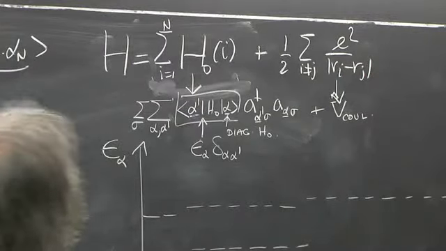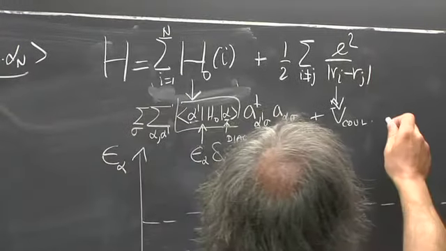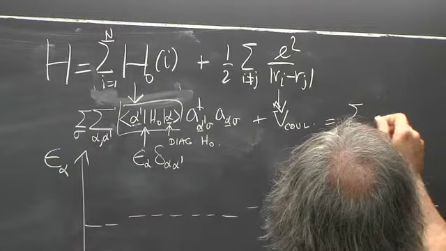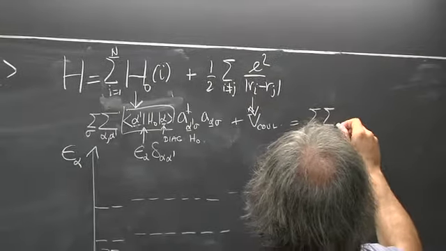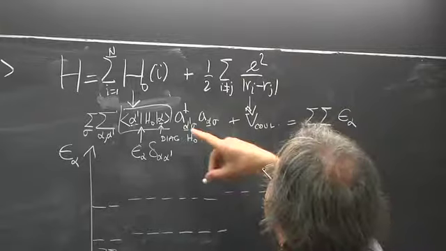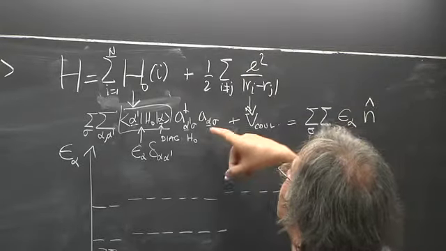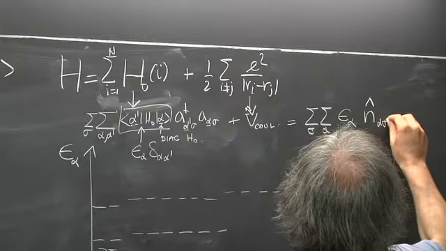At this point, this becomes a very simple Hamiltonian. This is perfectly diagonal: sum over sigma, sum over alpha, epsilon alpha times n, the operator that counts alpha sigma.